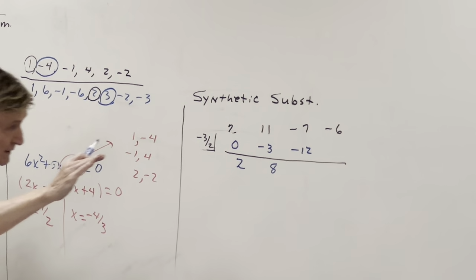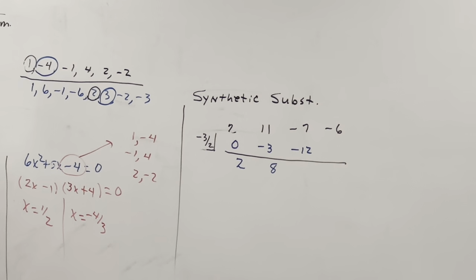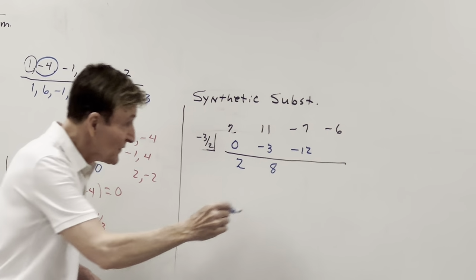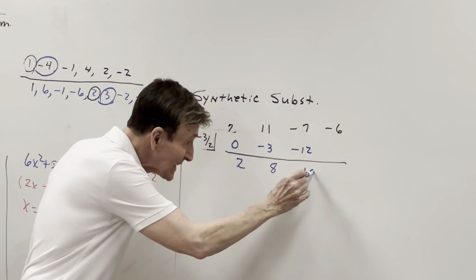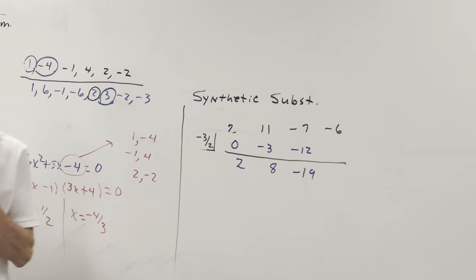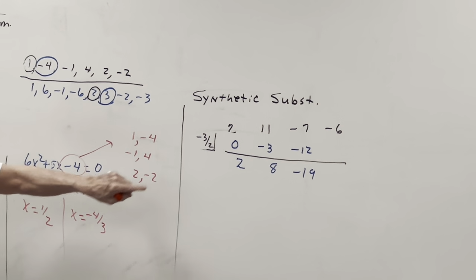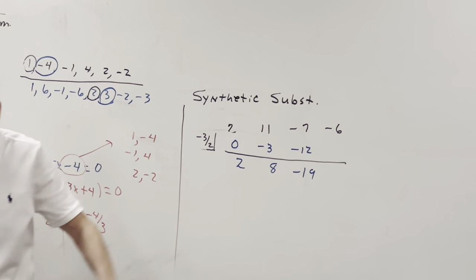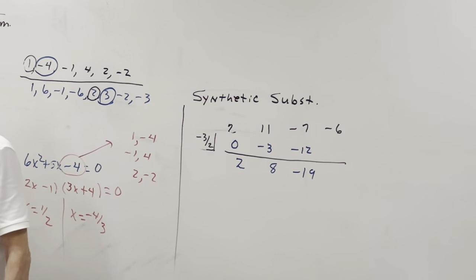Guys, see if I did it correctly. 2 goes in 8 4 times, then 4 times 3 is 12, negative 12. Now, if I copied it down correctly, this now, Gia, is negative 19. Is that true? Now, are we gonna get awkward here? If you take 3 halves times 19, I can't cancel 2 into 19, too bad it's not a 20.